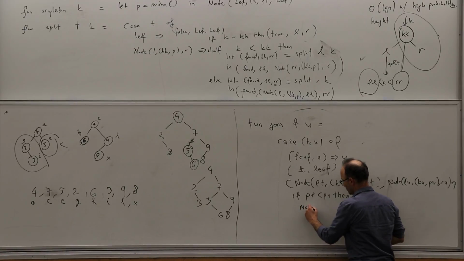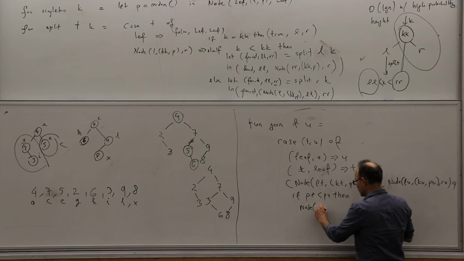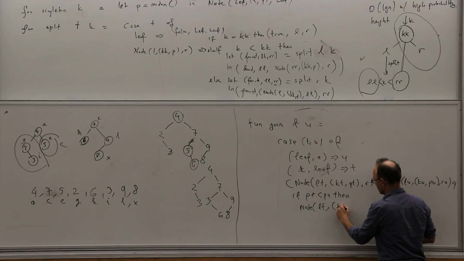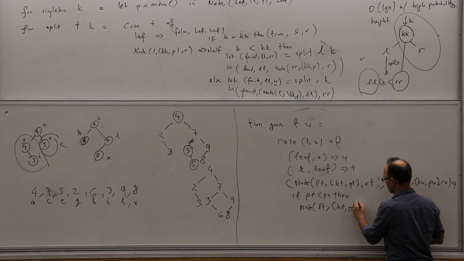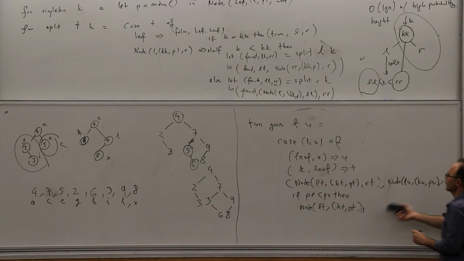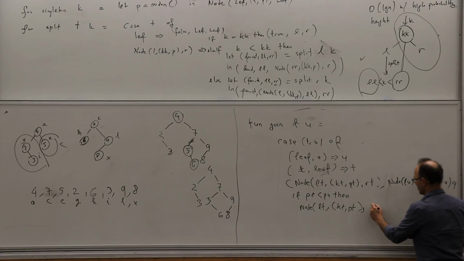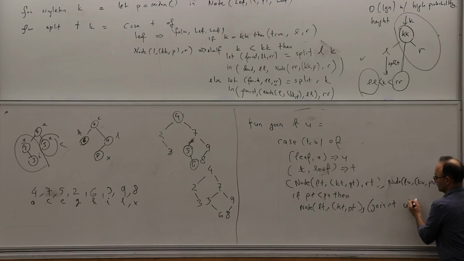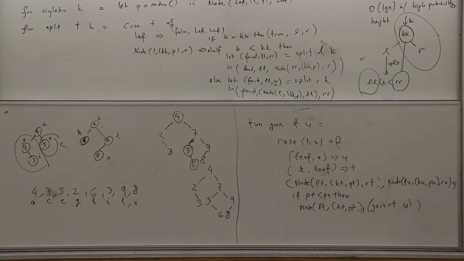So now what I'm going to return is node LT, KT, PT. And for the right, I'm just going to join RT with U, basically.